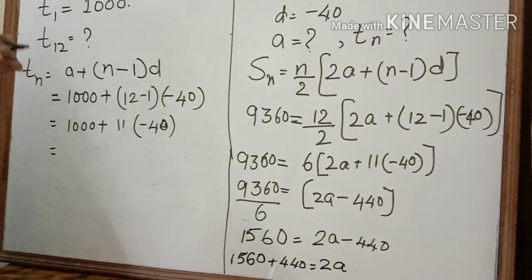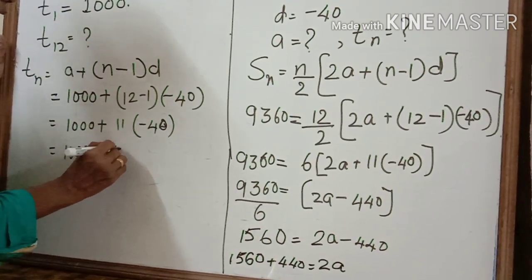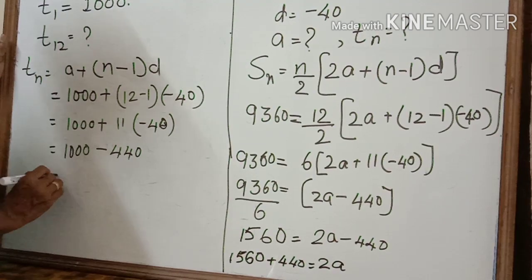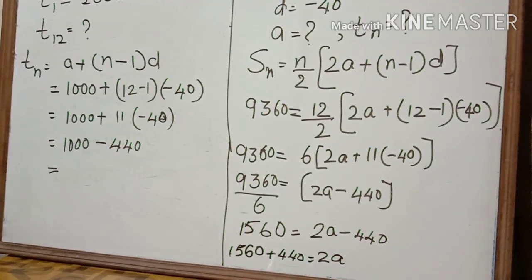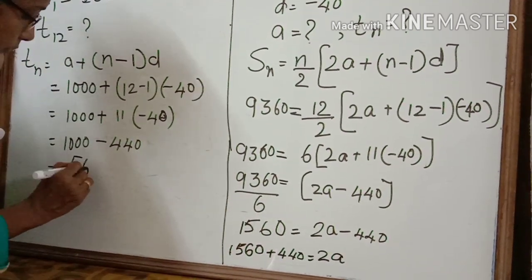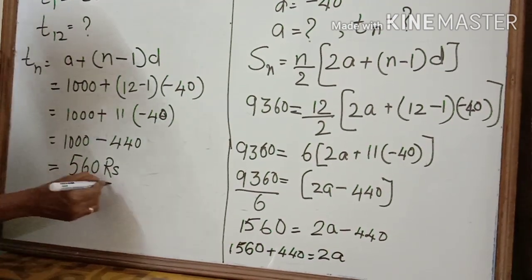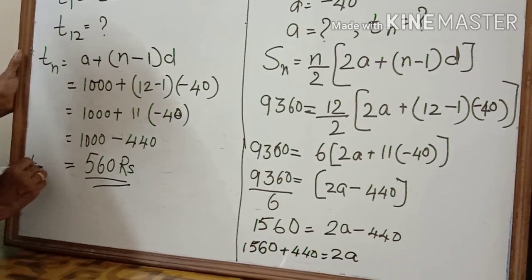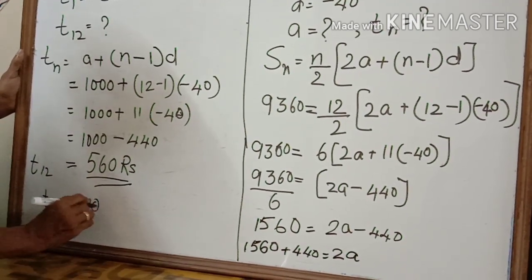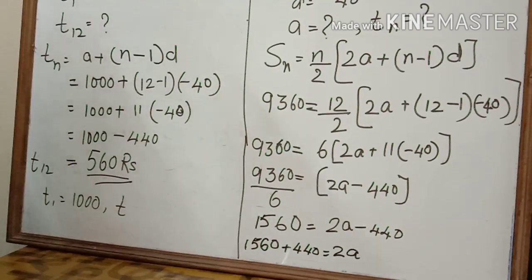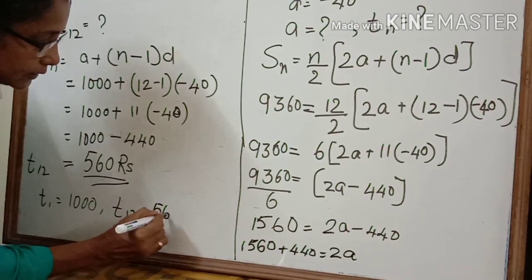That is 1000 minus 440, and that is equal to 560 rupees. So T1 we have got, that is 1000 rupees, and T12 is 560 rupees.